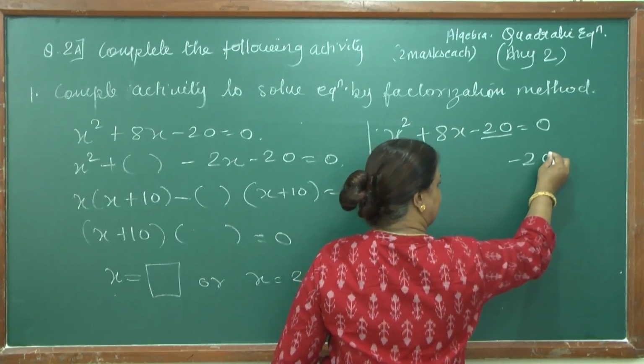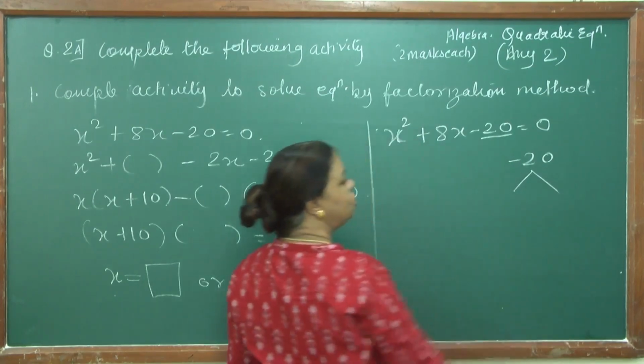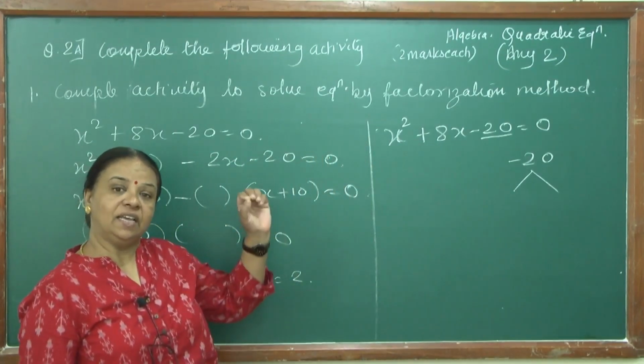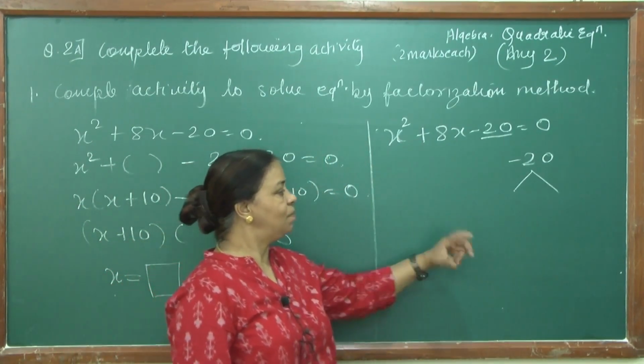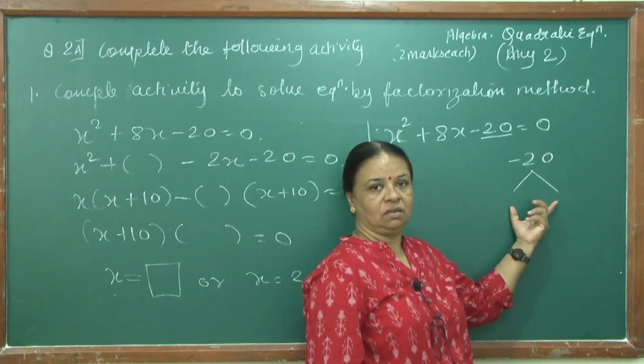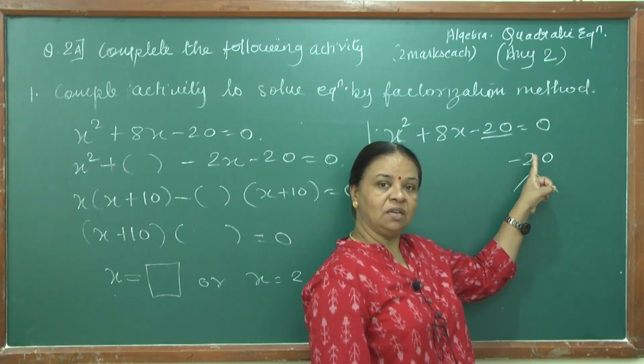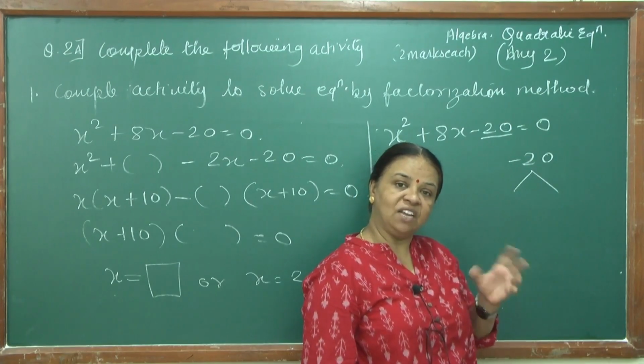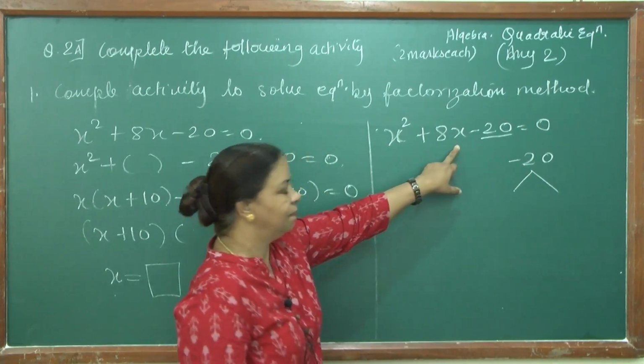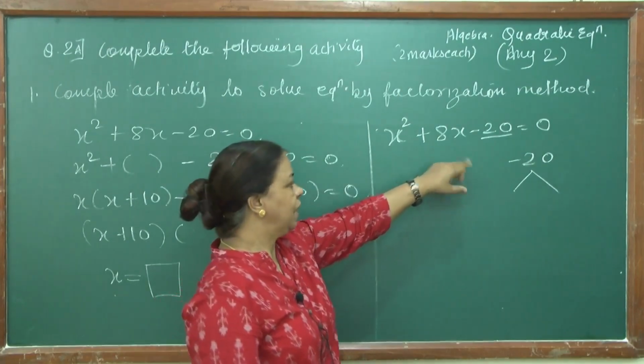Minus 20. Now this minus 20 should be bifurcated in such a way that when you multiply, it should be minus 20, but after adding or subtracting you should get the middle number. Okay.